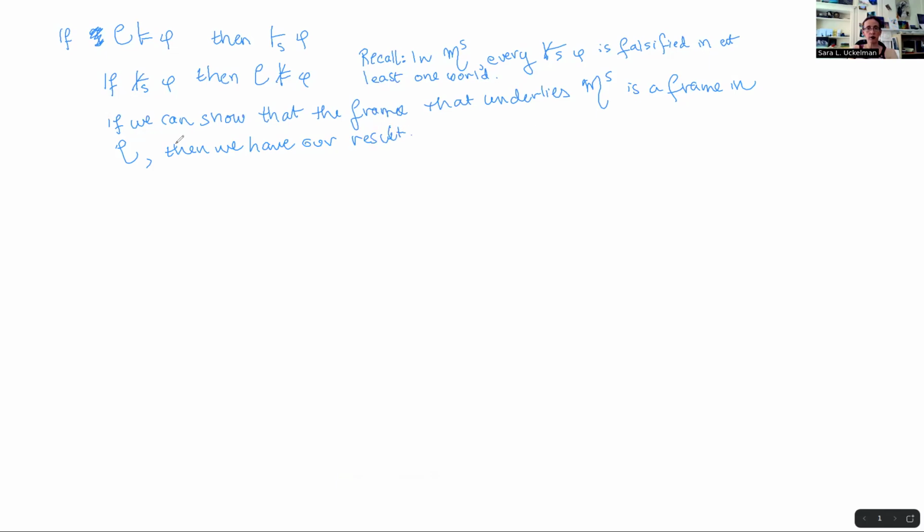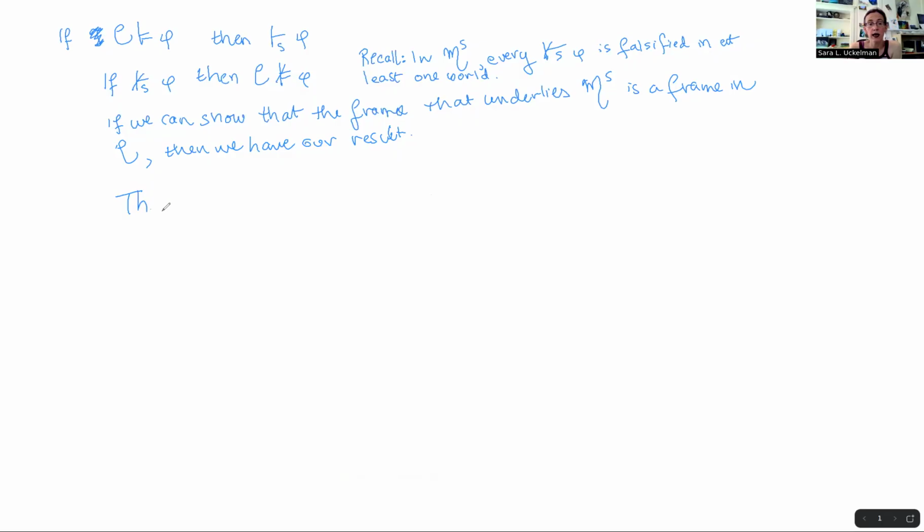Because what we want to show is that if something's not a theorem, then it's not valid in the class of frames. We know that if it's not a theorem, it's not valid in the canonical model. And if the canonical model is based on a frame that is in that class of frames, we then have what we need. So that is a slightly more technical way of talking us through the conceptual stuff I was doing in the previous video.